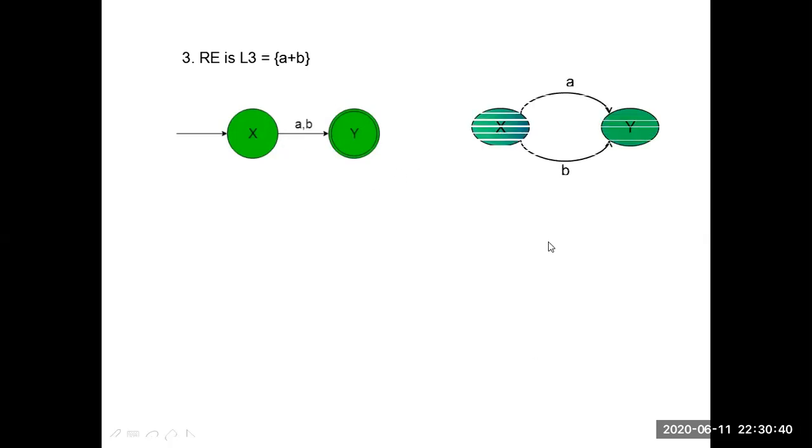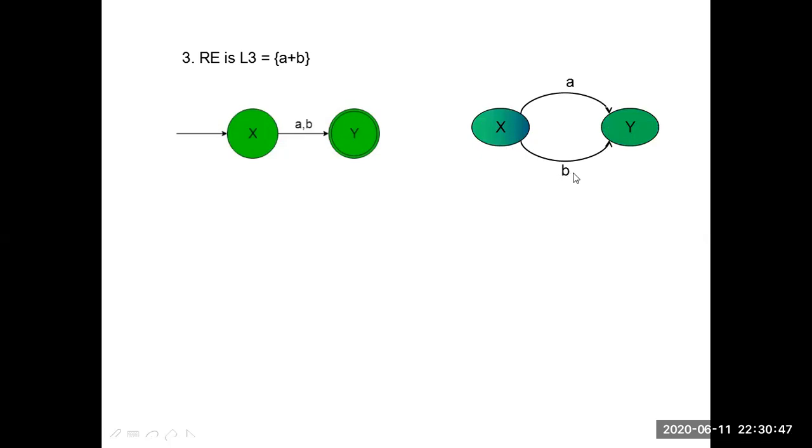Now, take the regular expression either A or B. The initial state is X. Whether A comes or B comes, it will go to the final state Y. Some people will write the same diagram in this format also: from X, whether A came or B came, it goes to the final state Y.